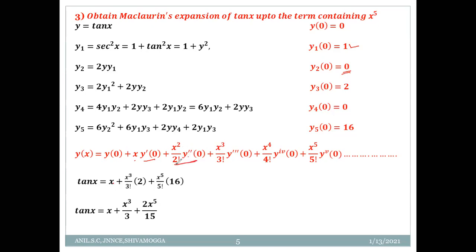This entire term will be 0. Leave it. Plus x cube divided by 3 factorial into y triple dash is 2. It is substituted. X power 4 divided by 4 factorial into fourth derivative is 0. 0 into anything is 0. Plus x power 5 divided by 5 factorial into fifth derivative is 16.